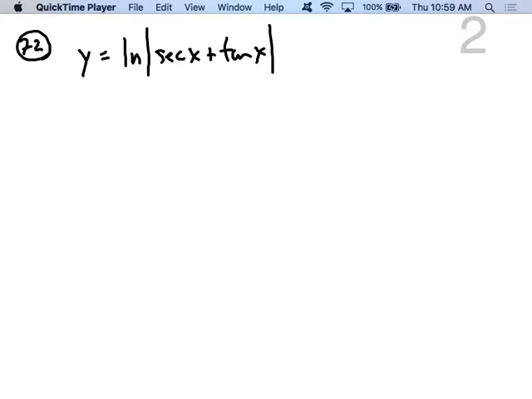72. Y equals natural log, absolute value, secant x plus tangent x. What are we doing with that? Derivative.